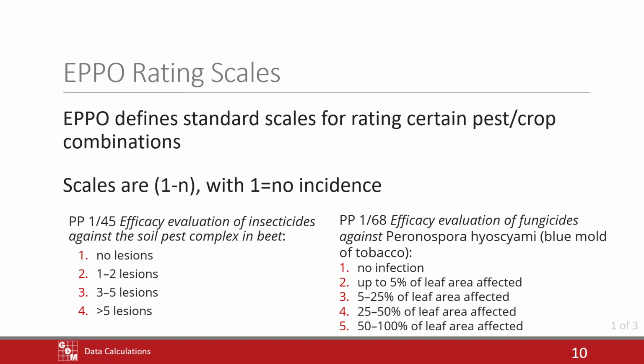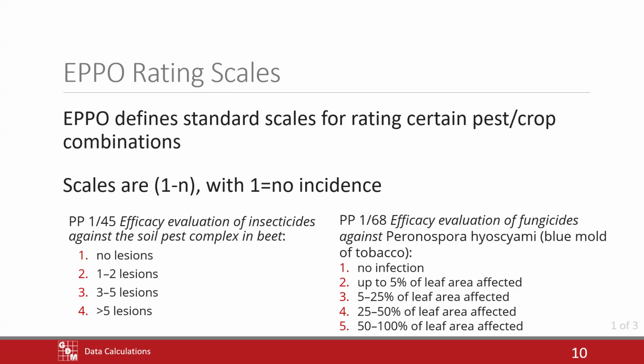The first one is evaluating an insecticide product, and your pest crop combination here would be for beets, looking at your soil pest complex, how many lesions are on your beet. You'll notice that they look at that crop and the pest and categorize them.